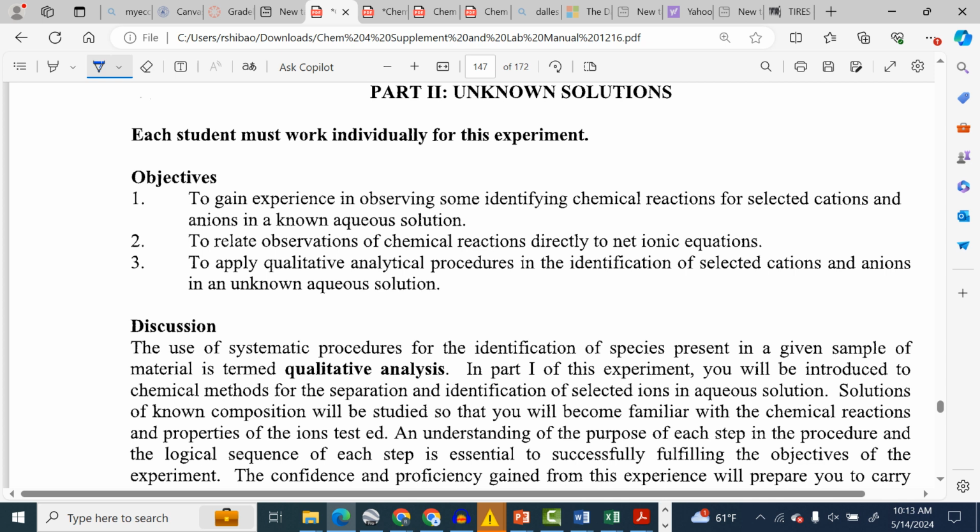Okay, so qualitative analysis is just trying to identify the content or composition of things. So in this particular experiment, if I have a liquid here, I want to know what's inside the liquid. If it's deionized water, what should be inside here? It should be pure water.